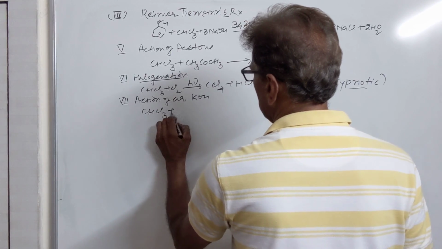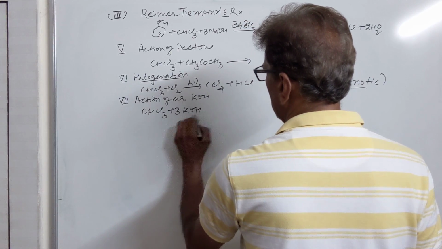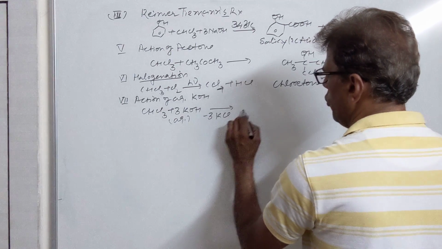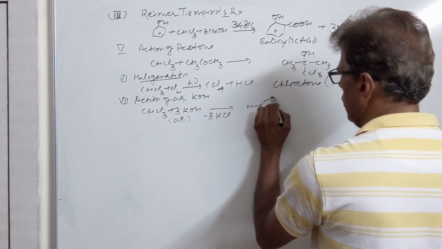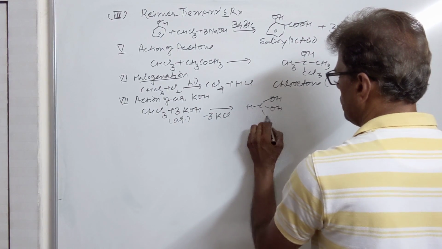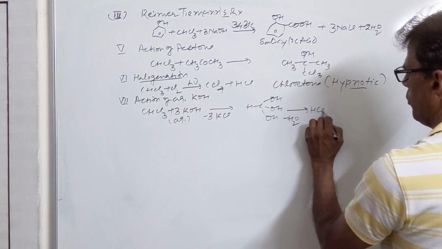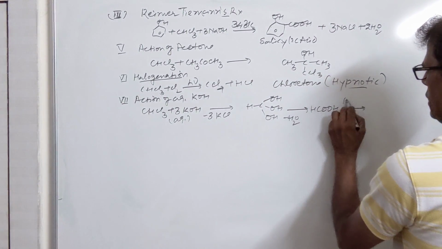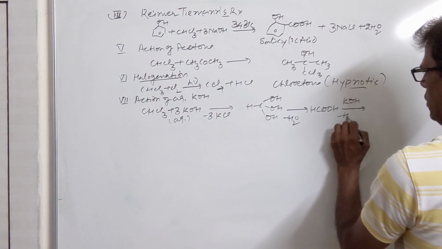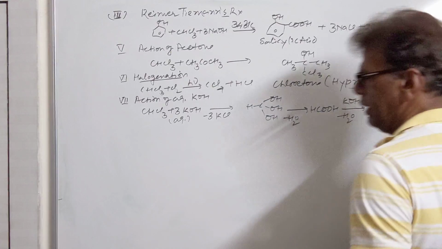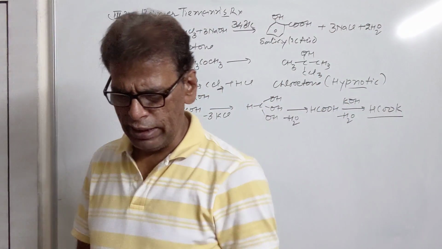CHCl3 reacts with 3 molecules of KOH. In aqueous condition, you lose 3 KCl. The product is HCOOH-type unstable compound, which will lose water and give you formic acid. Formic acid combines with KOH back. You will get potassium formate as a major product during this reaction.